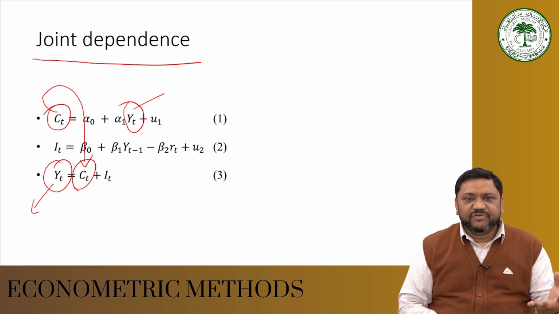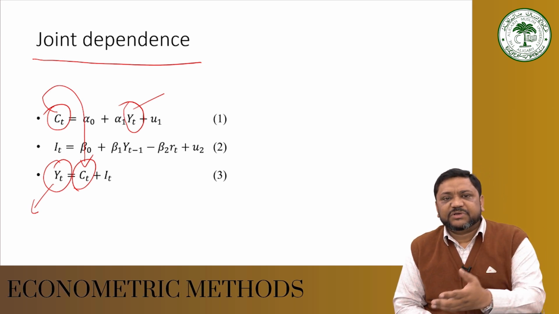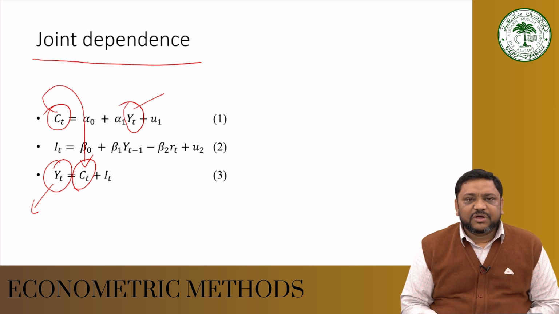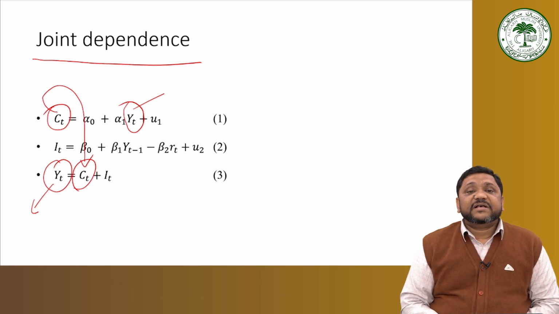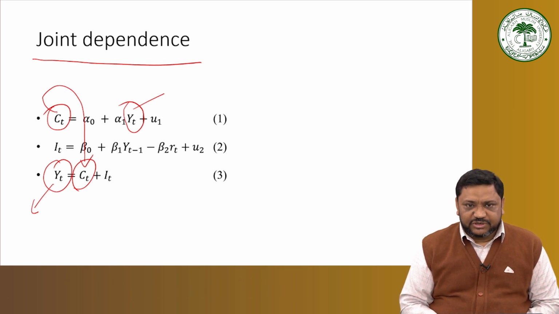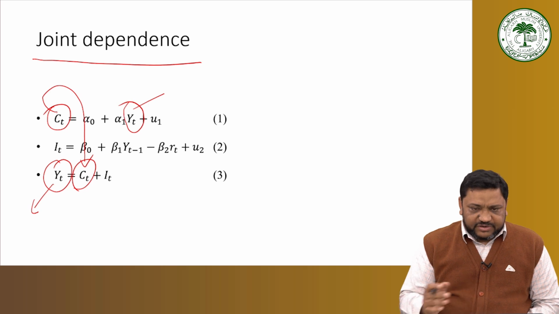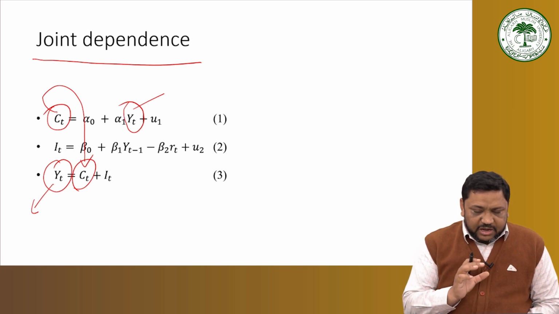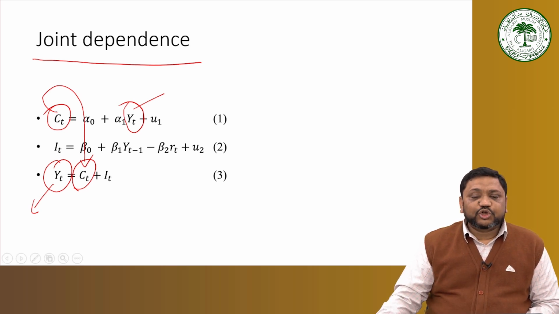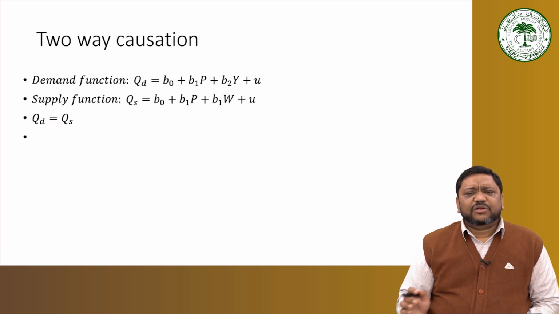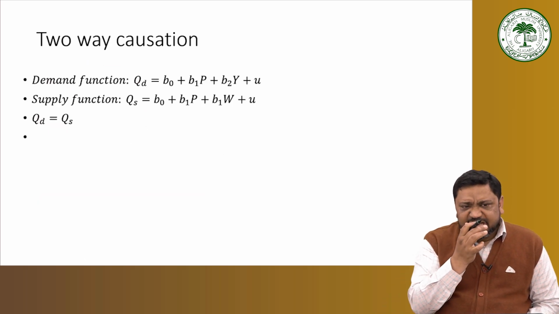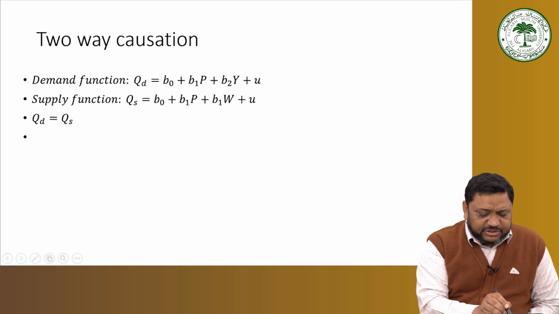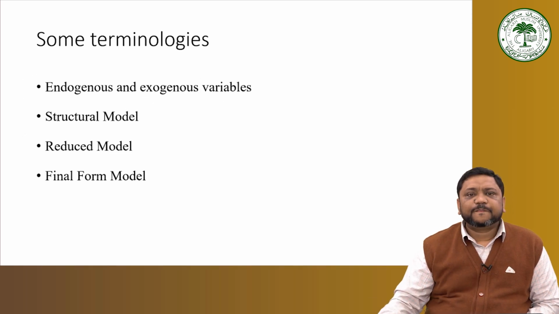The same variable which is dependent in one equation becomes independent in another equation. Rather, we refer here to endogenous and exogenous variables. So we will see it. Now, there is an element of joint dependence.